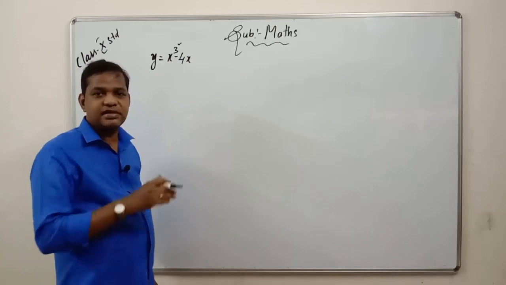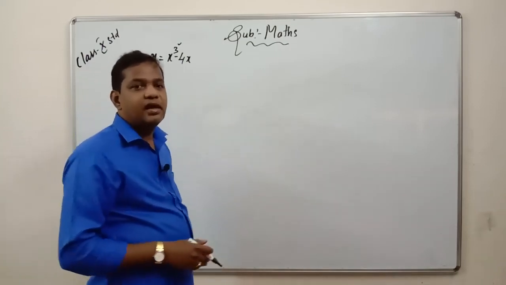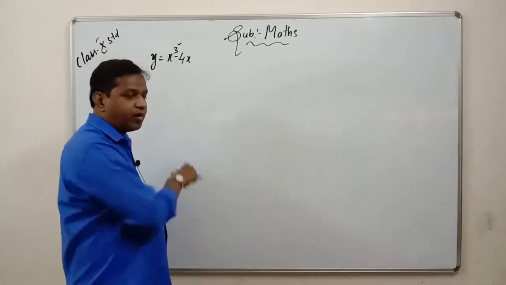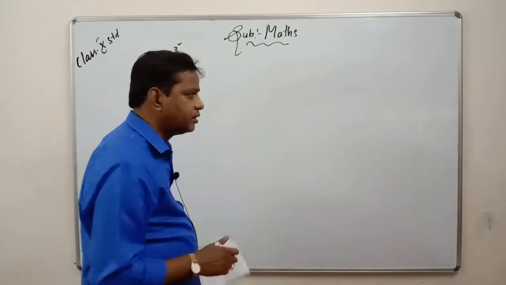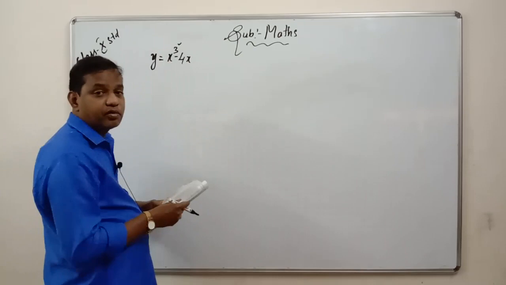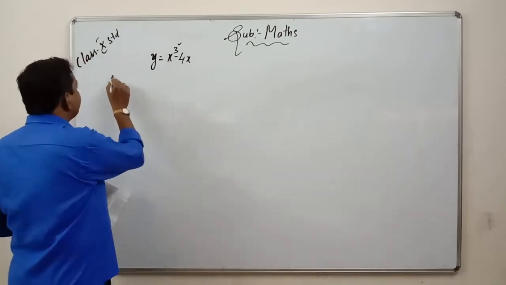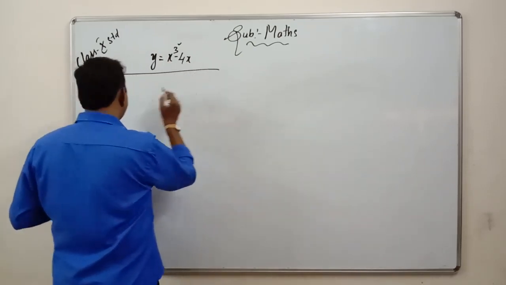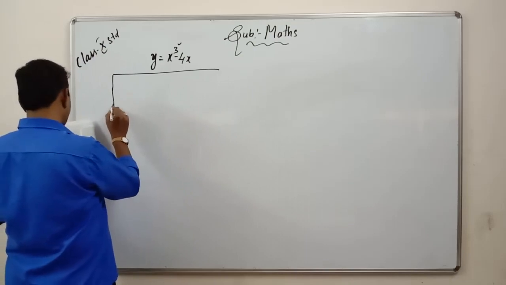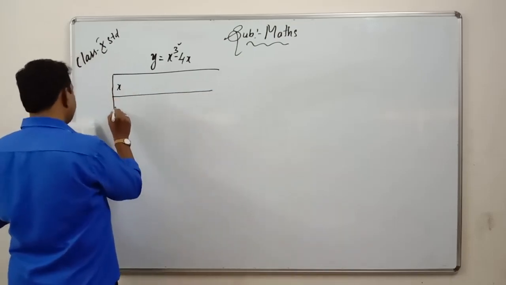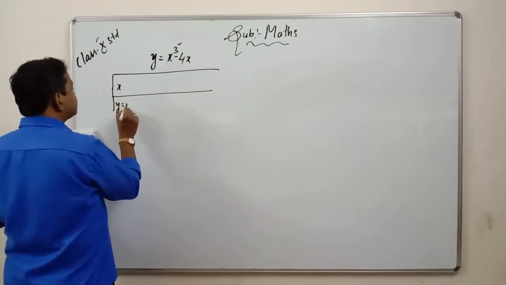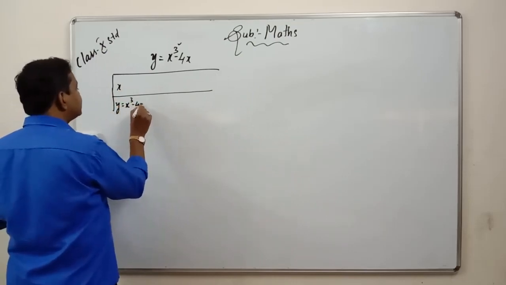Let us see what the value of this cubic polynomial is and what the graph indicates. Take down the values also. You should copy them in your notes, because it will be very clear for you. In the first row he has given x, in the second y equals x cube minus 4x.